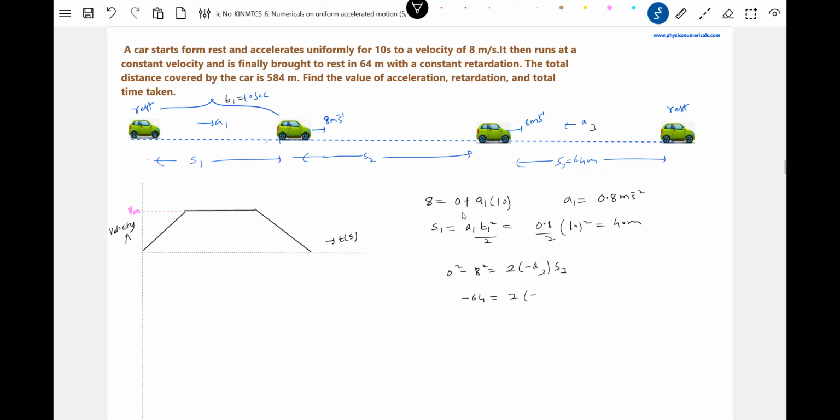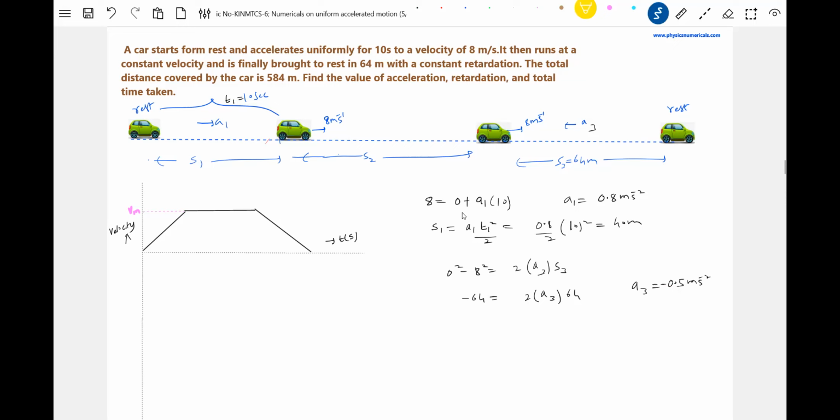Minus 64 retardation, 64. So A3 equal to minus 0.5 meter per second square. As it will undergo retardation, the negative sign is there. So we got the acceleration and retardation.